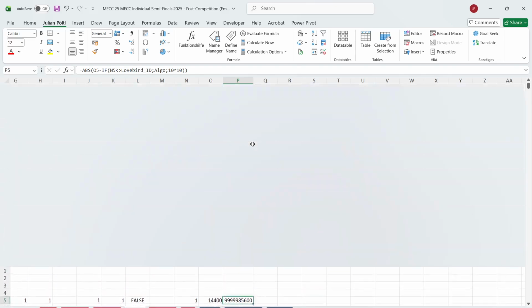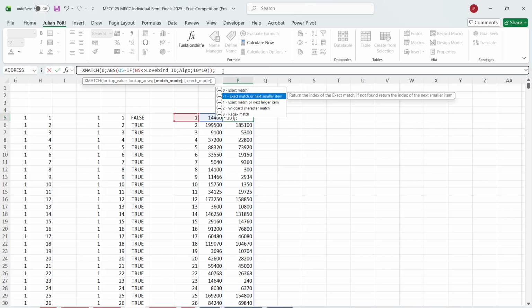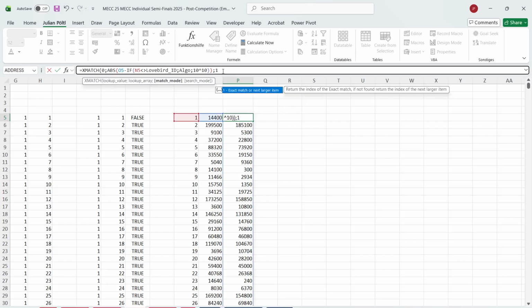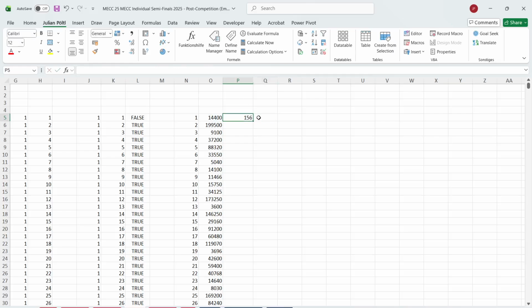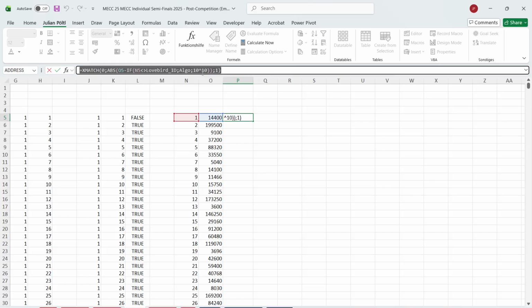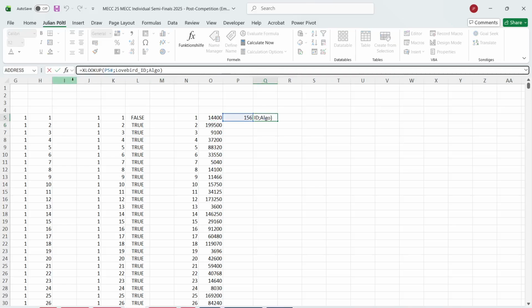Okay, and I have the algorithmic score, and I now need to X-match 0 in here, 165. And now for 165, it has to be the same.